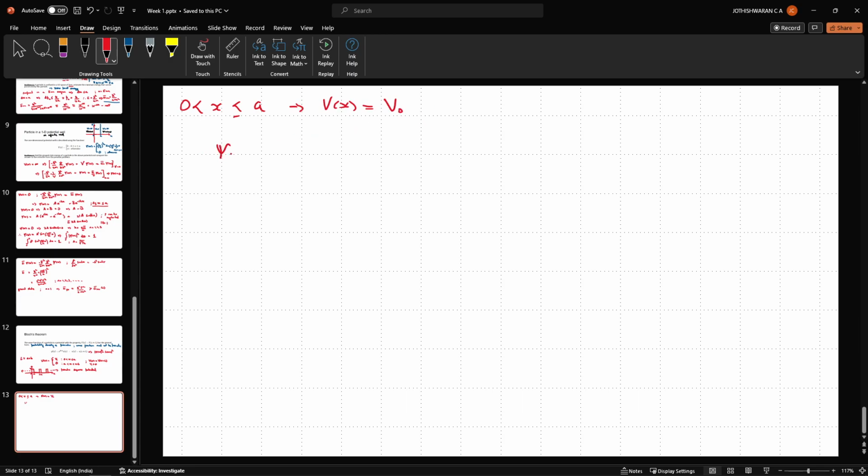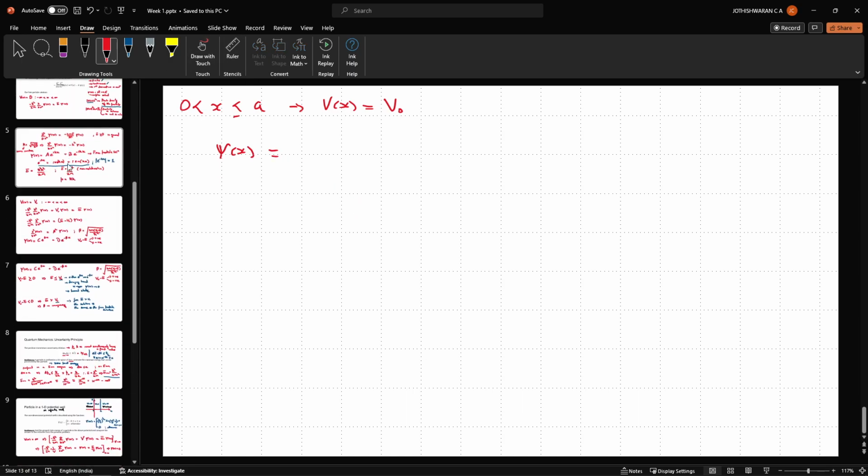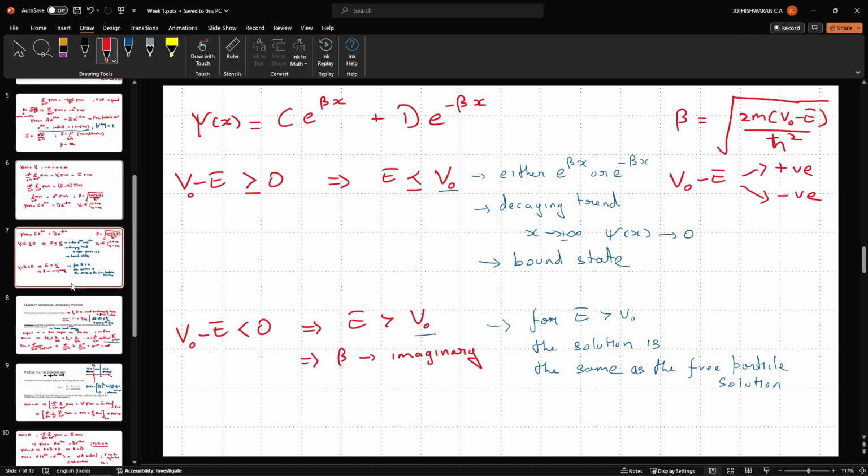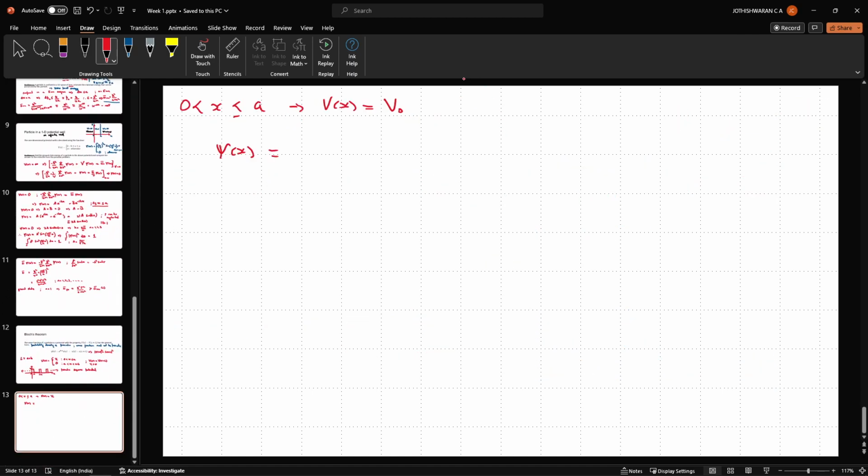This implies that in this region psi of x will have a solution of the form given over here: C e to the power beta x plus D e to the power minus beta x, where beta is the square root of 2m times... No, I should not write it as E minus V naught, because in my convention I have chosen to represent it as V naught minus E.